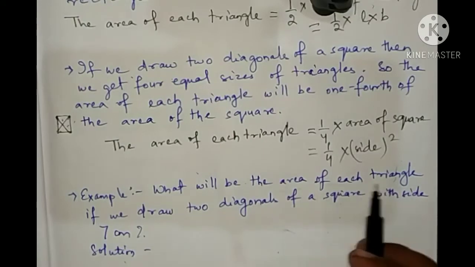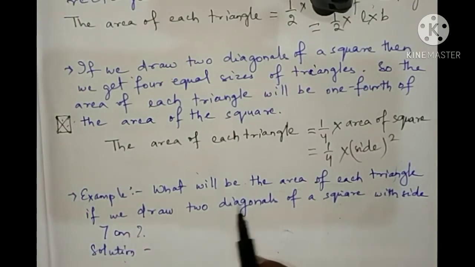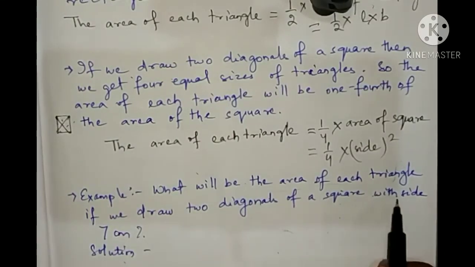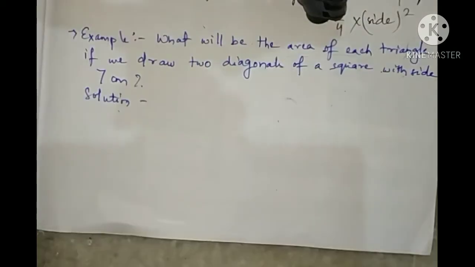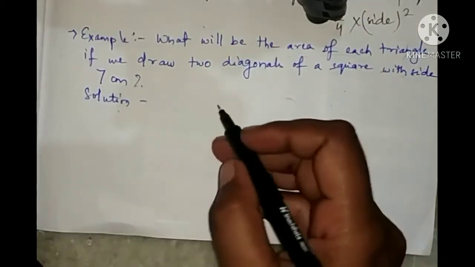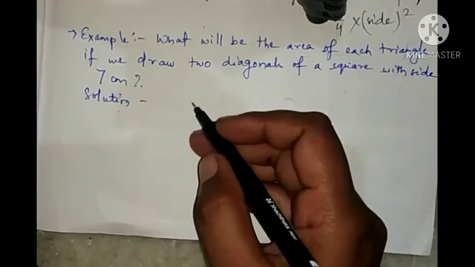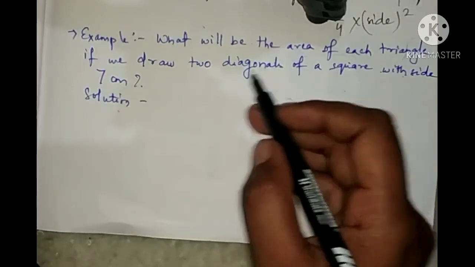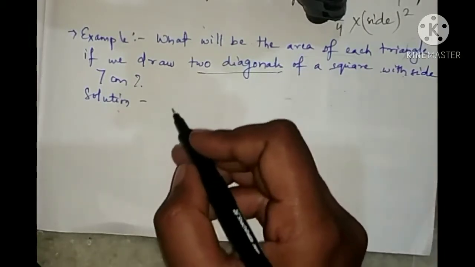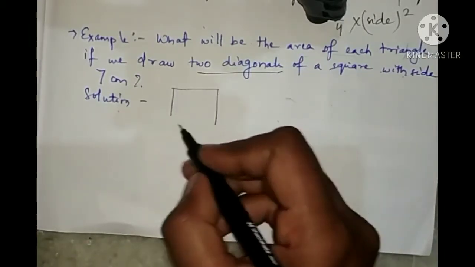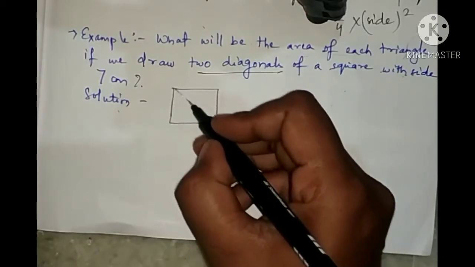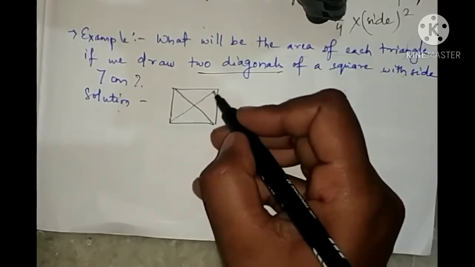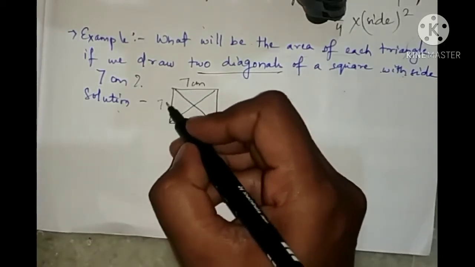Like that you can do the example given here. What will be the area of each triangle if we draw two diagonals of a square with side 7 centimeter? The same thing you can do. Here we are drawing a square with two diagonals, and the side is 7 centimeter.